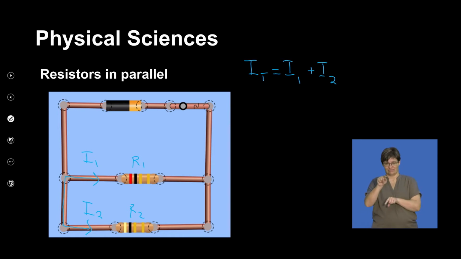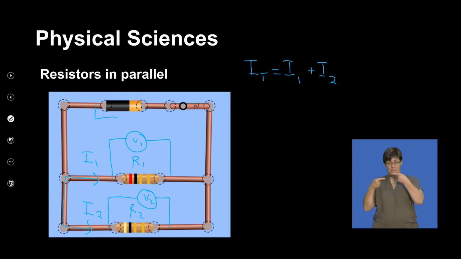So when this happens, we say current is split because there is more than one path for current to flow. But there's something very interesting about a parallel circuit that we need to remember. For argument's sake, this is V1 and this is V2. The voltage, as long as it's a parallel combination, must remain constant.